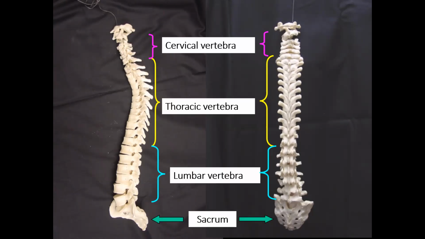The sacrum sits in the posterior region of our hip. It forms a joint with the iliac bones to form the sacroiliac joint. And this is a very important location for management of shock.